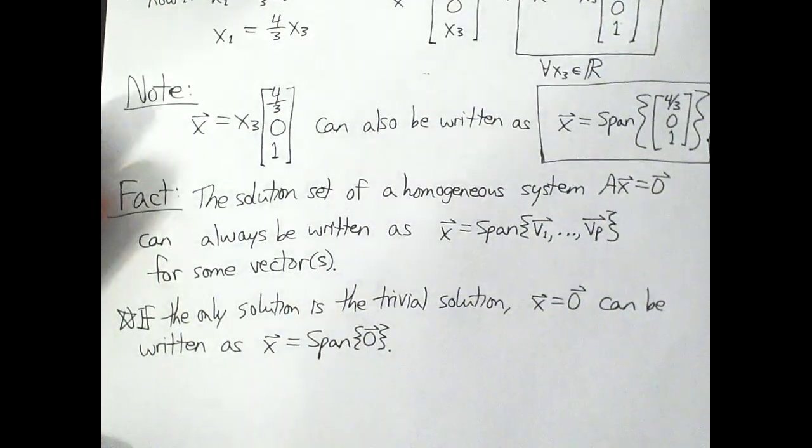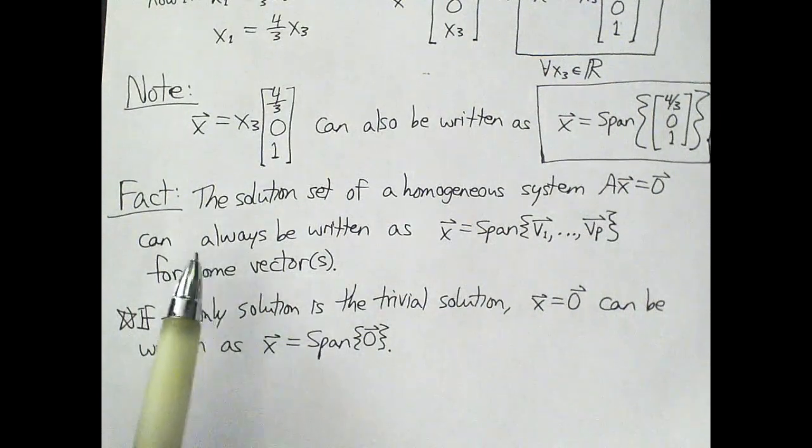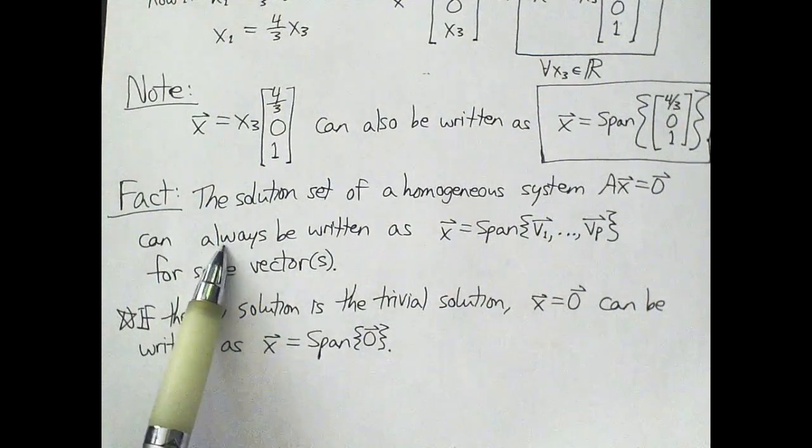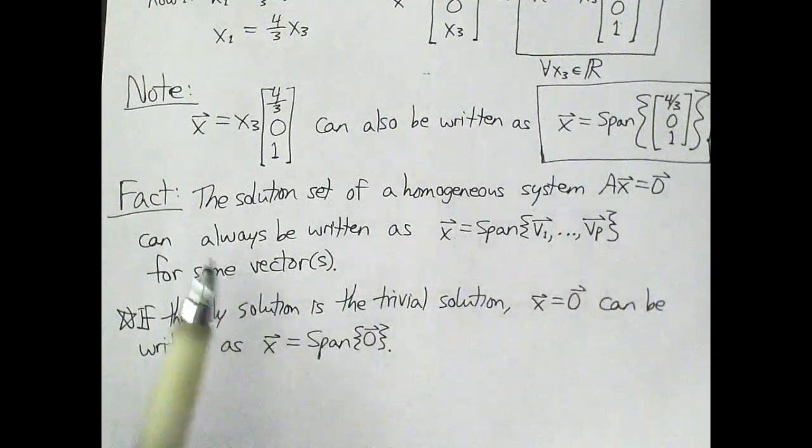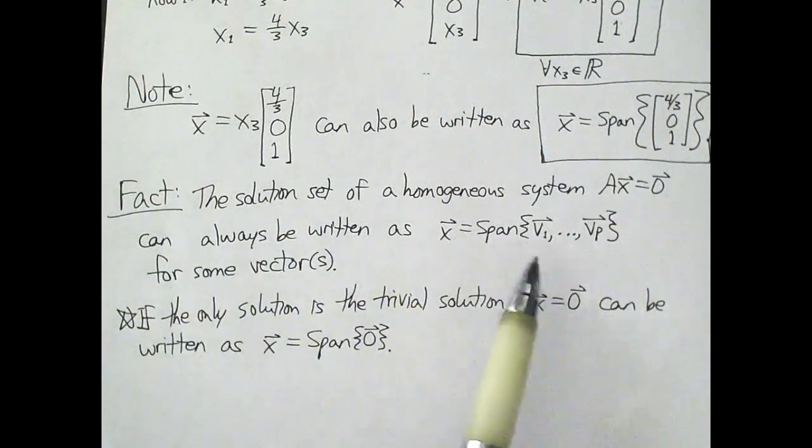So what we said above still applies. It might seem a little silly, because why are you saying the solutions are any multiple of the 0 vector? Well, any multiple of the 0 vector is the 0 vector. Okay. But the point is that it's okay to use the word always up here. You have a homogeneous system. The solution set can always be written as the span of something, even in the trivial case.